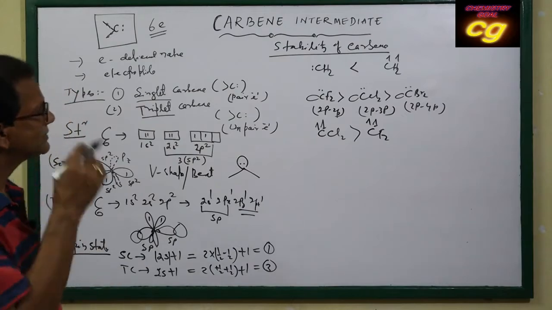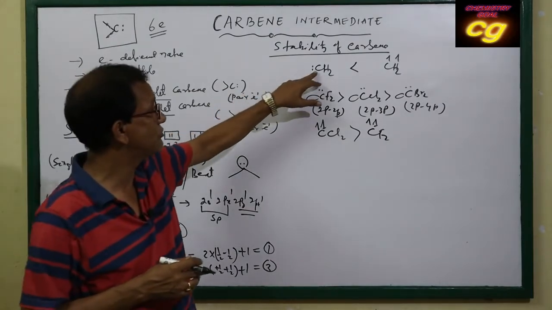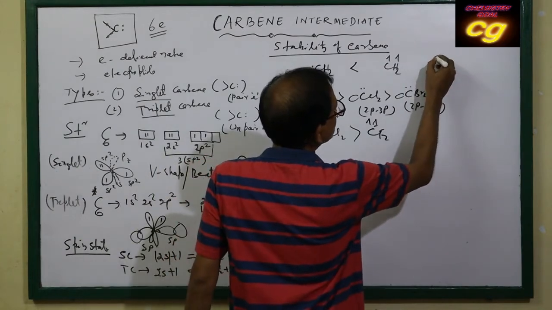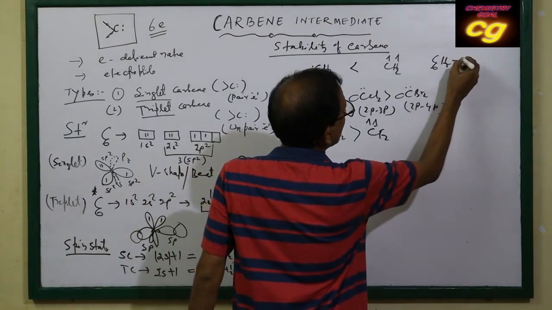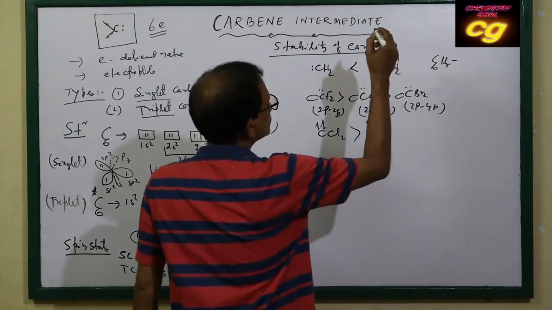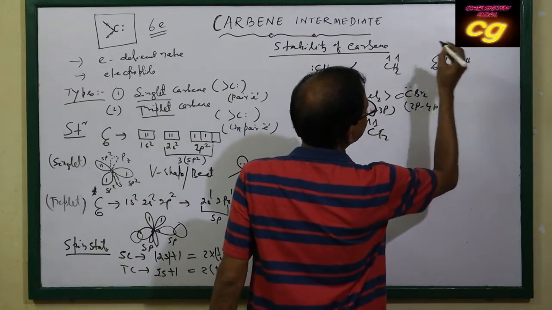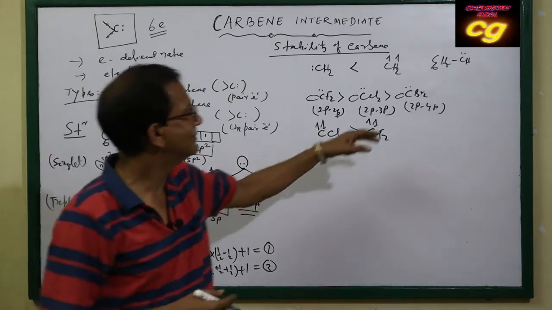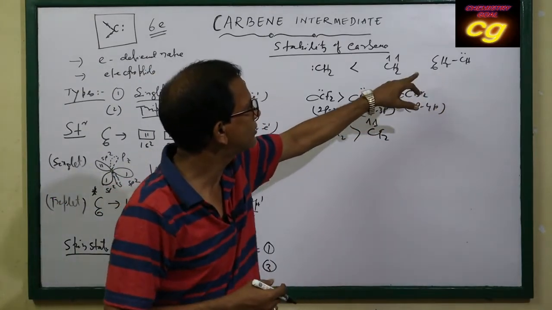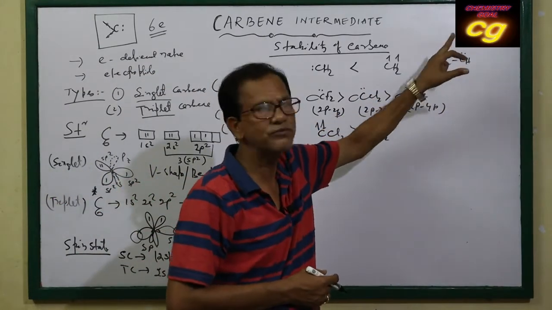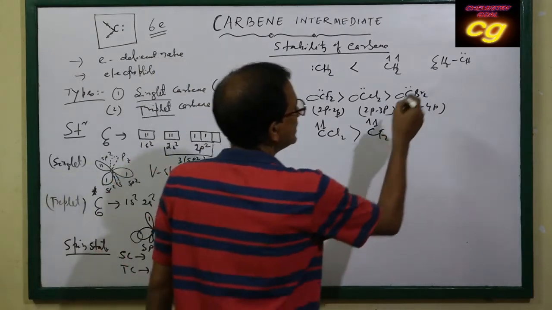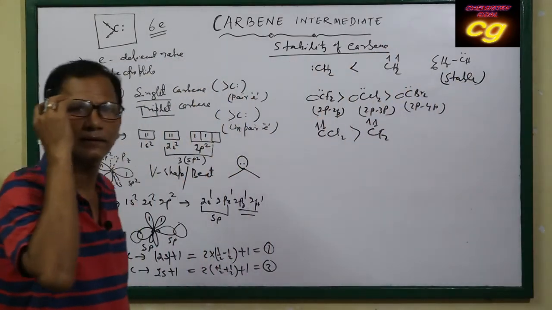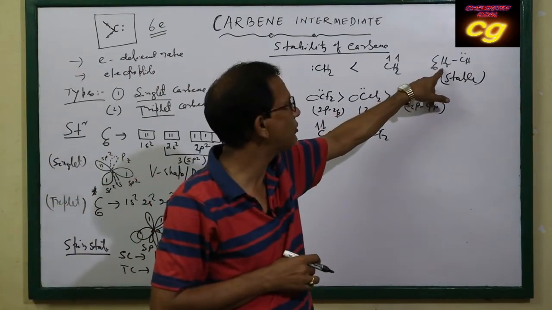Then, as it is electron deficient, if you see one structure like this, suppose C6H5, suppose this carbene having a phenyl group. As it is electron deficient, it can form resonance, so it is stable, like a carbocation, because it has pi bond conjugation.